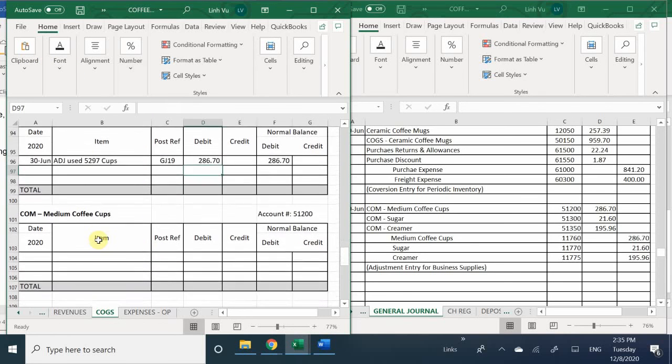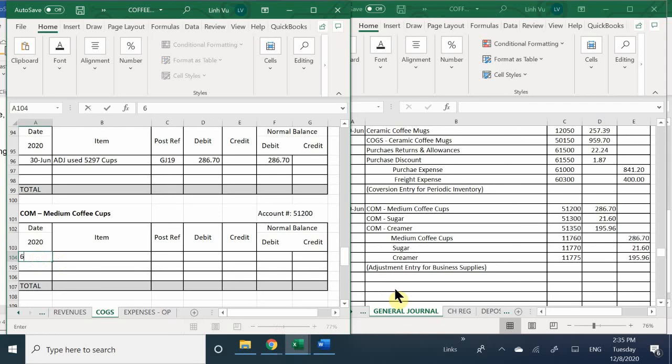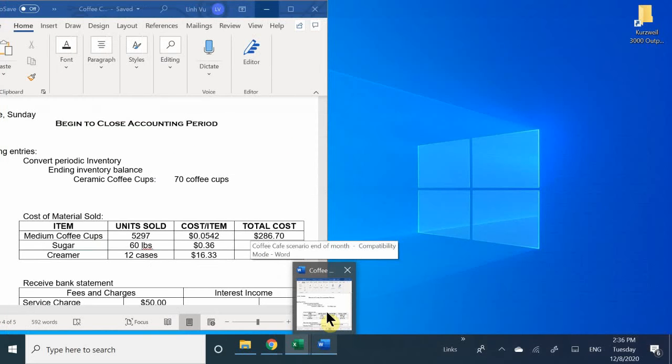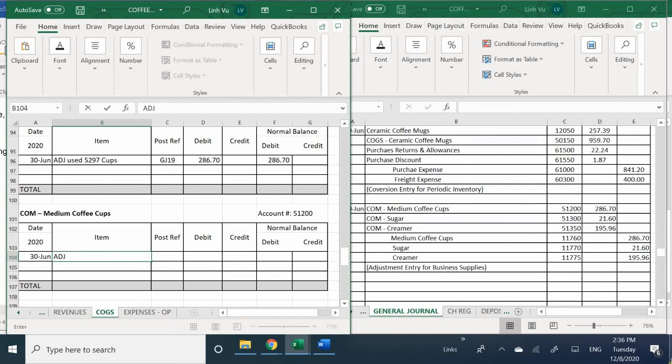The sugar, two below. Date. And it would still be the same thing, the adjustment entry and the amount we used. So we used 60 pounds of sugar.